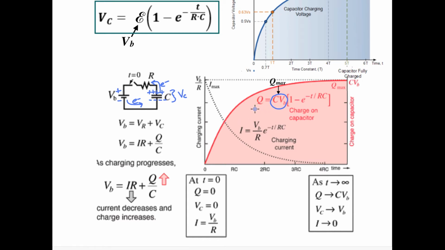All right. Now let's look at this next line here. This is the current in the circuit, or say the current from the battery. What do we see happening there?